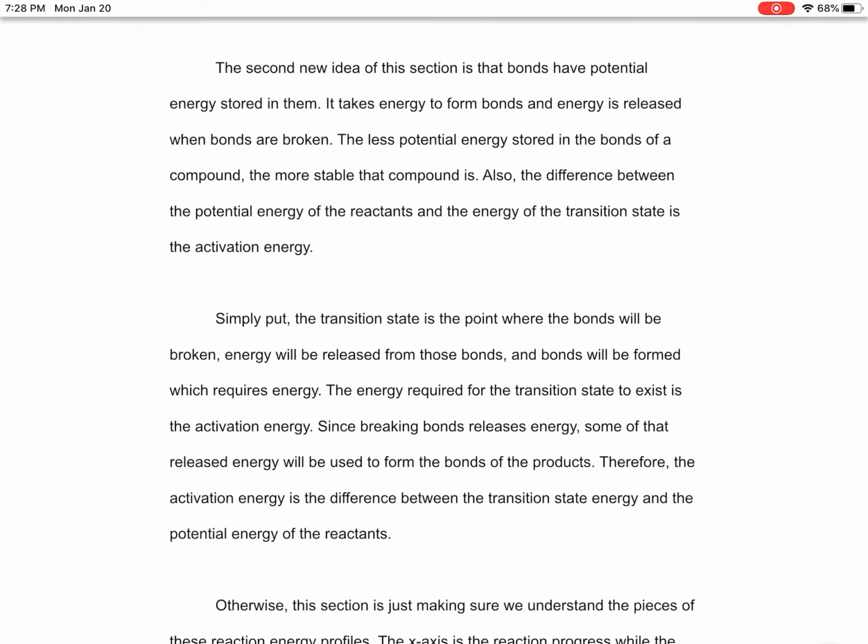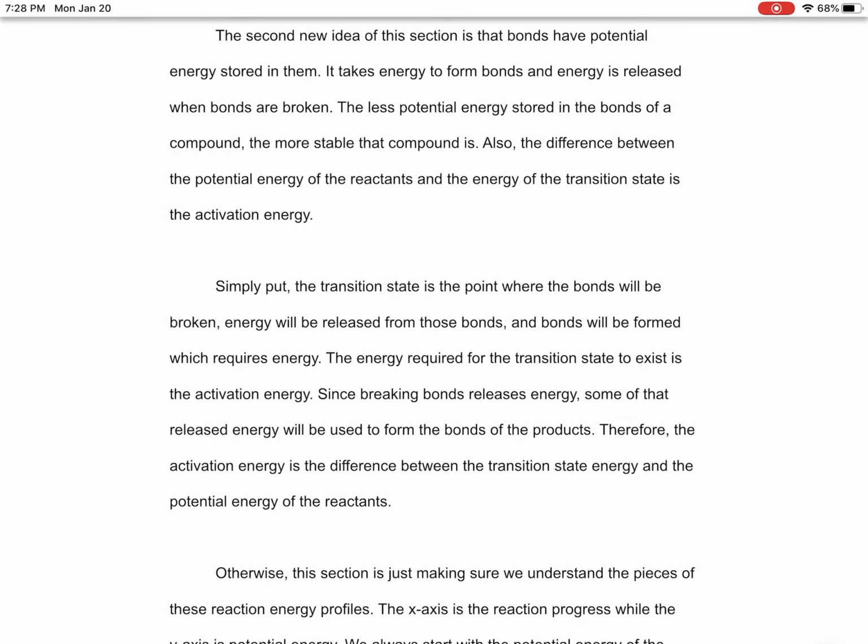It takes energy to form bonds. In order to force those electrons to be that close together, or in order to force those ions to be that close together, it actually takes energy to do that. But when a bond is broken, that energy is released. So there's so much energy stored in that bond, and then when we break it, that energy is released.